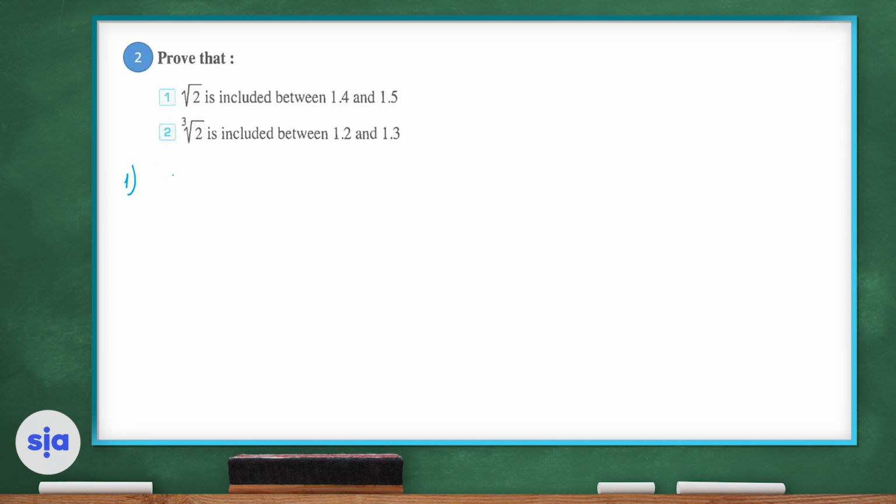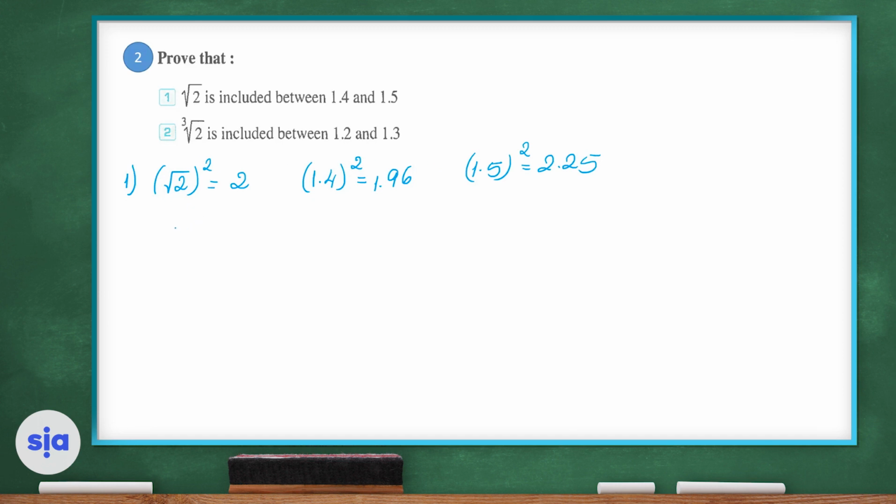So we're going to take each of these numbers and raise them to the power of 2. The square root of 2 to the power of 2 is 2. The 1.4 to the power of 2 is 1.96. The 1.5 to the power of 2 is 2.25.